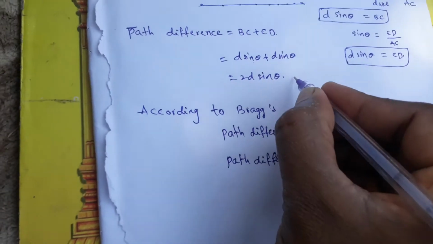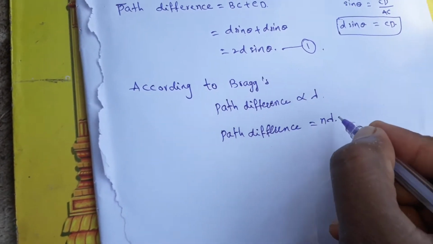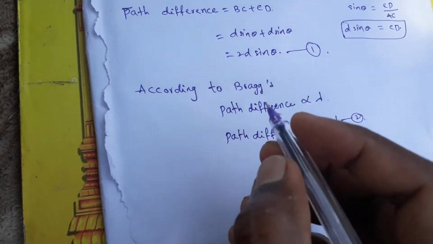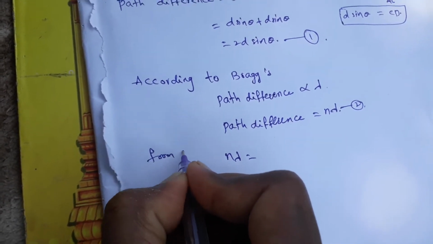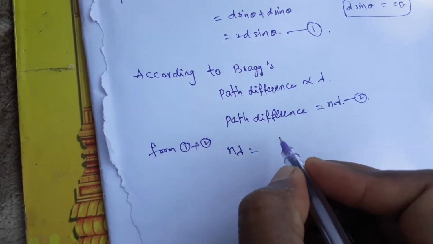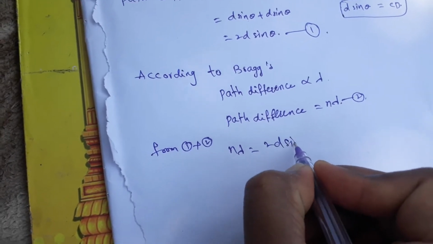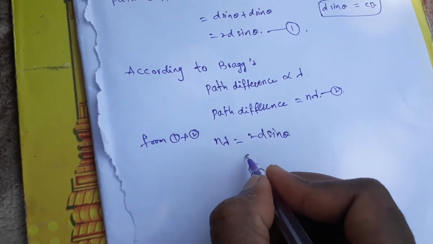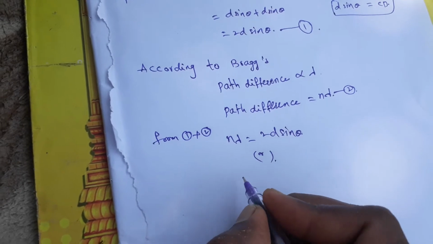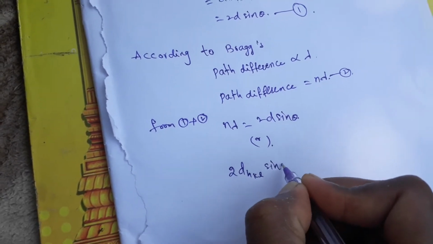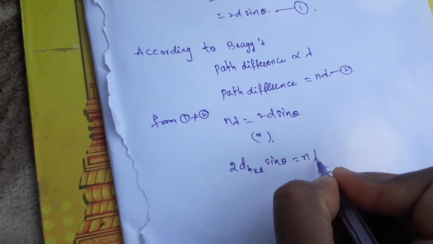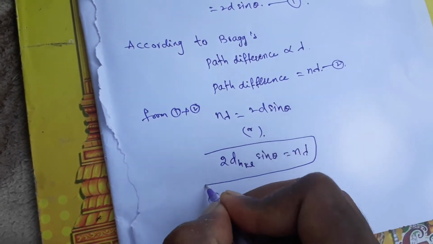This is equation number 1 and this is equation number 2. If you substitute in the path difference n lambda from 1 and 2, n lambda is equal to 2d sin theta, or I can write it as 2 d HKL sin theta equals n lambda. This is the equation.